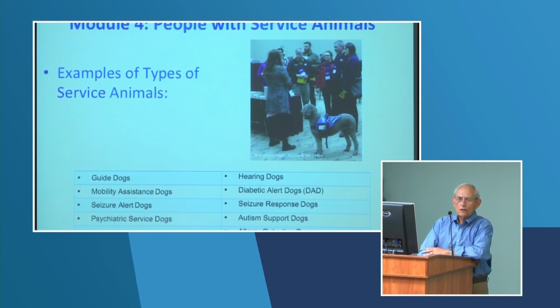They may be a much smaller dog, and they seem to be able to sense the pre-aura, or the aura of someone who's about to have a seizure, and then they alert the person to either take medication or lie down. Psychiatric service dogs will remind people that it's time to take their medication. And then there are fetal alcohol spectrum disorder dogs, which are essentially guide dogs.